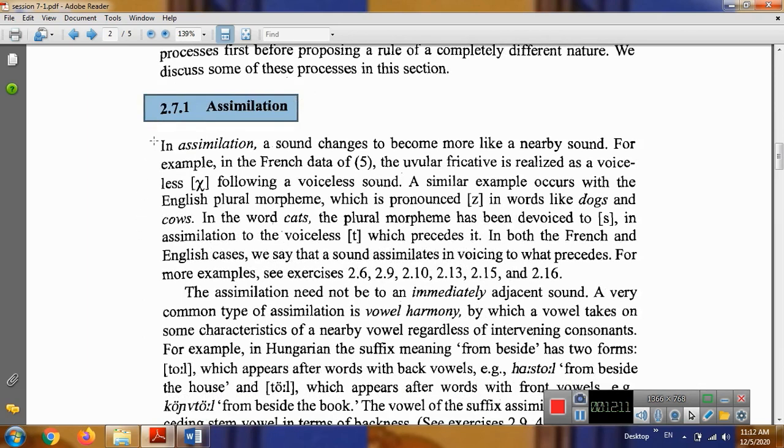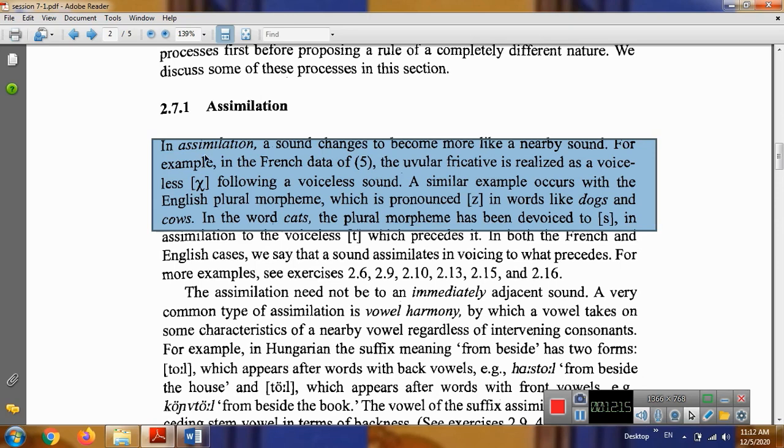Please pay attention to my explanation. In assimilation, a sound changes to become more like a nearby sound. One sound changes to be similar to its nearby sound.